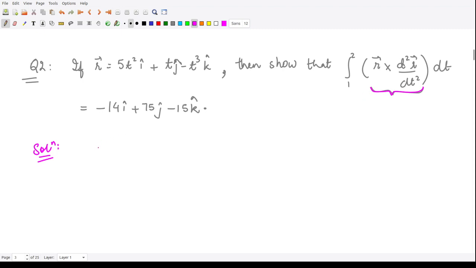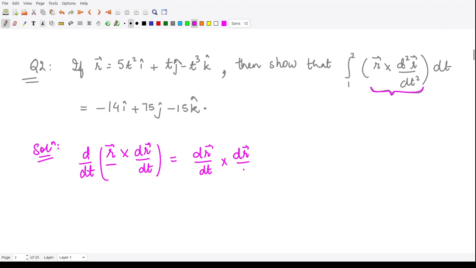So here, if you take the vector r cross with its derivative, now this quantity, if you differentiate it, what do you obtain? You obtain the derivative of first vector, second vector as such, plus first vector as such, the derivative of second vector.